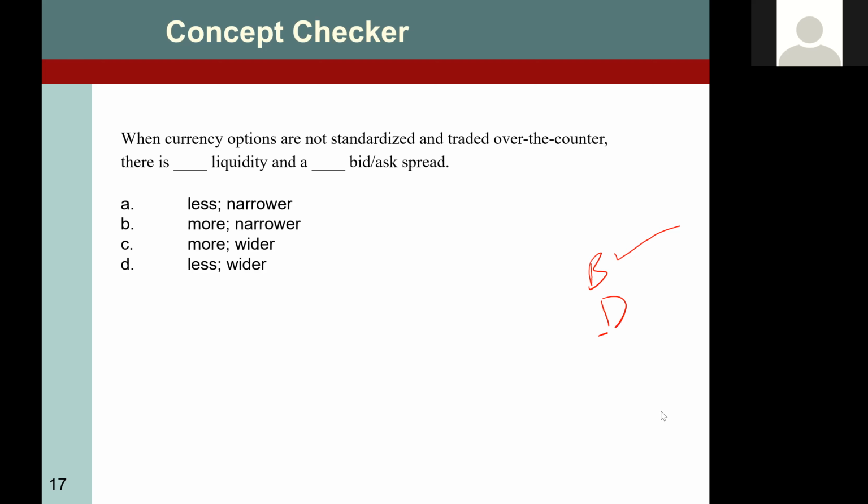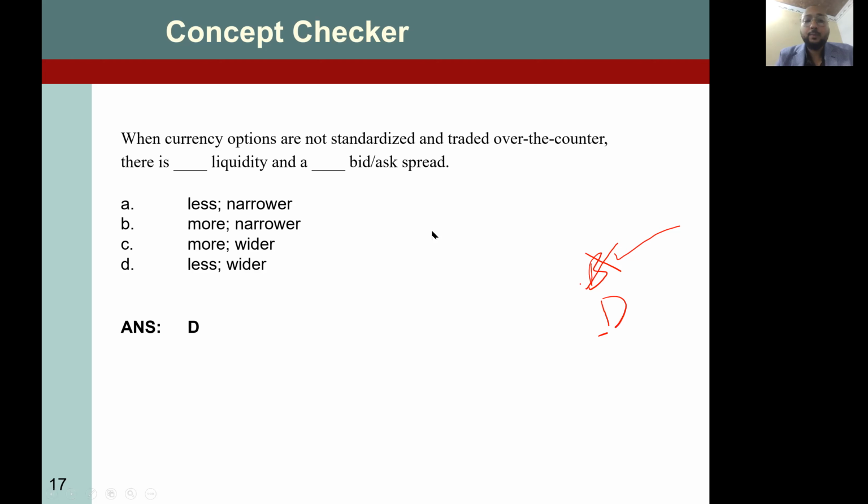Dion. We think D as well. Less liquidity, wider bid-ask spread. Okay. PD, Rugier, EGA. I think it's D. So we have Lancelot here and Dion. Okay, Tiffany said D. Sorry about that. Dion said B. Let's see the answer.